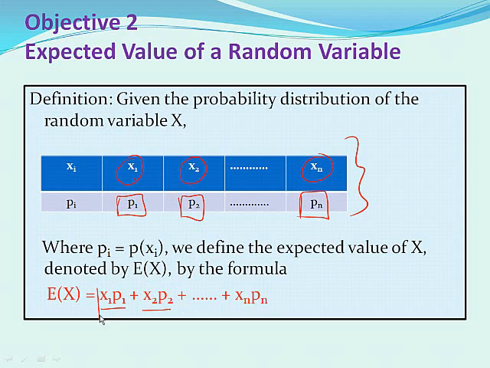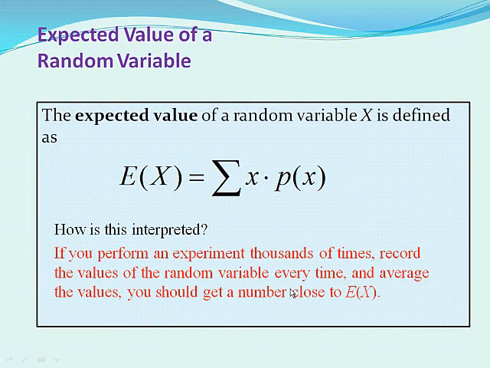If you add them all, we get the expected value of the random variable, and this is denoted using this notation. Expected value of a random variable x is given as sigma x multiplied with p of x. Here x is the value of the random variable, and p of x is the corresponding probability.